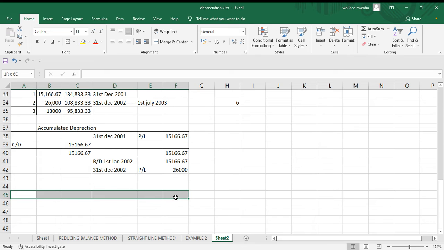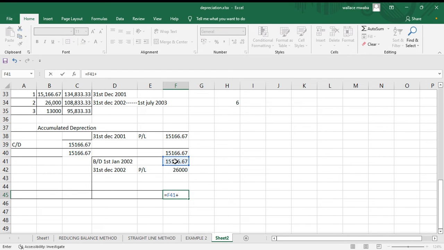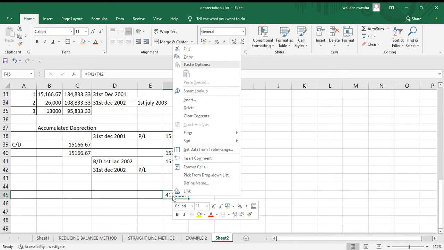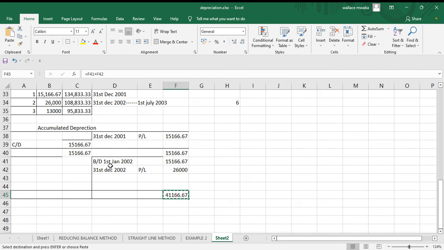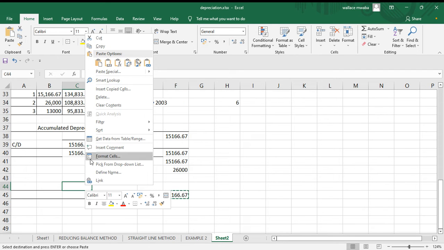And we'll total these up. So let's say 15,166.67 plus 26,000. We're going to get 41,166.67. Okay, so this will also be our balance carried down.